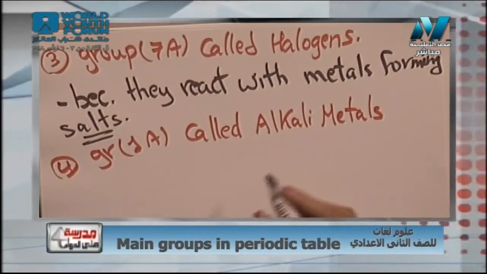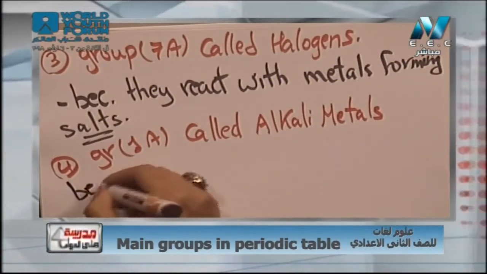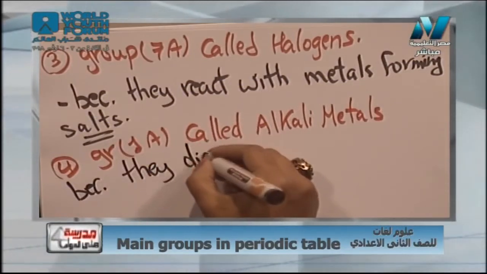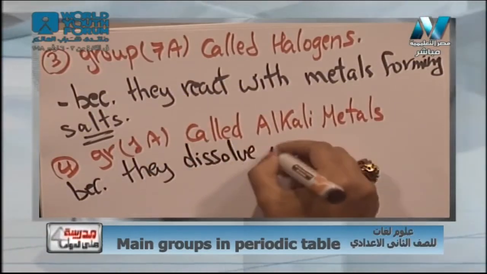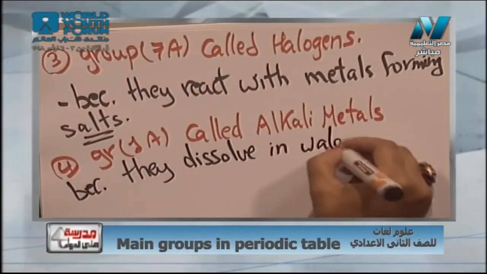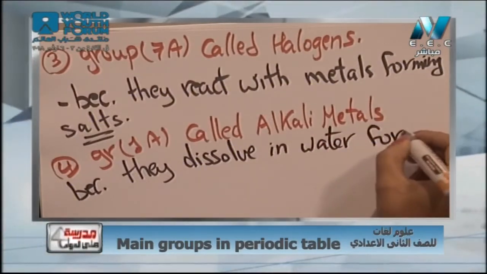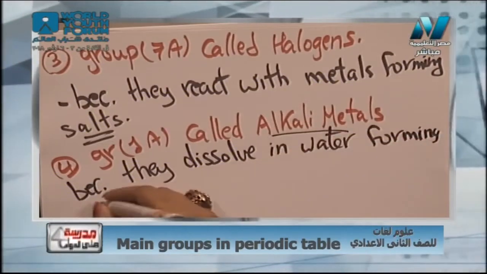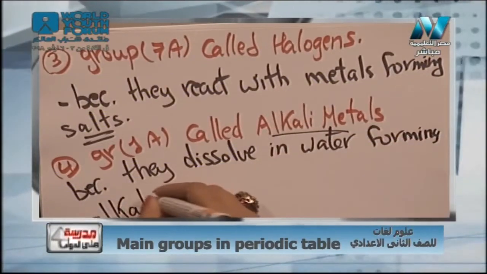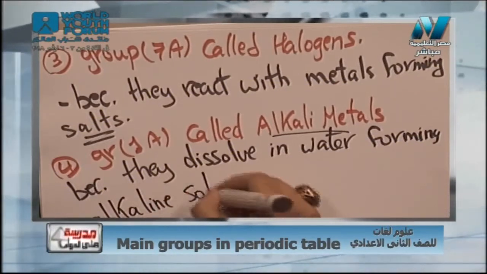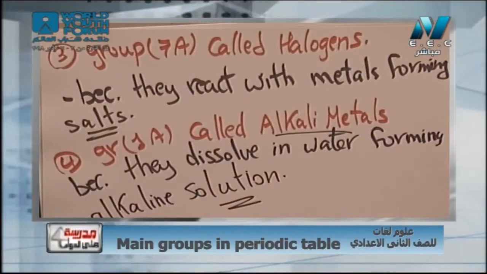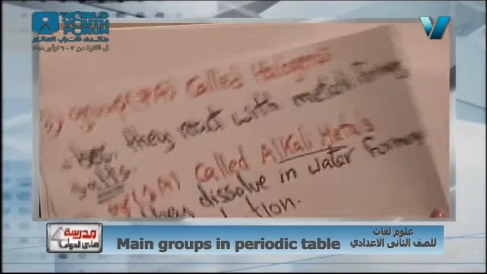The group 1A is called alkali metals because they dissolve in water, forming what? Alkaline solution.